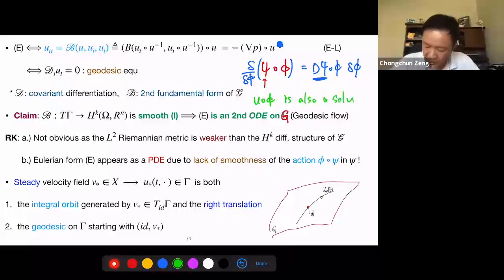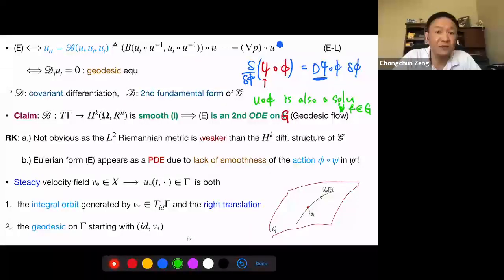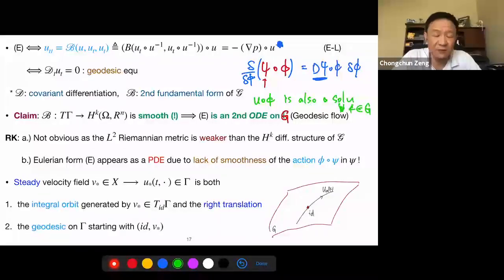So if U is a solution, you compose for any fixed phi in the Lie group, then you still have a solution. So this is a huge group of symmetry. There is an infinite-dimensional family of symmetries. These are exactly the relabeling symmetry in the Lagrangian formulation.